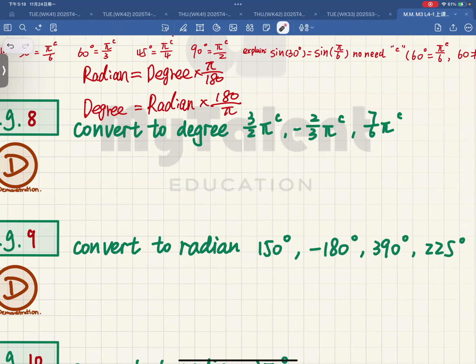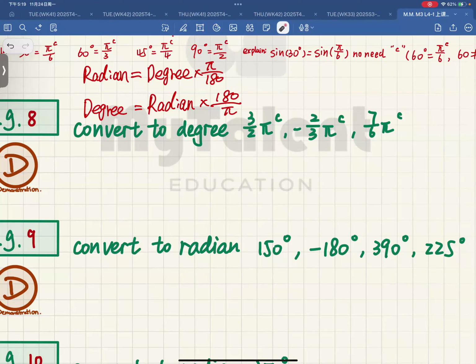What's 180 divided by 6? 30. And 30 times 7 is 210. Ethan, do you need a calculator to figure this out? Nah. It's just time wasting.